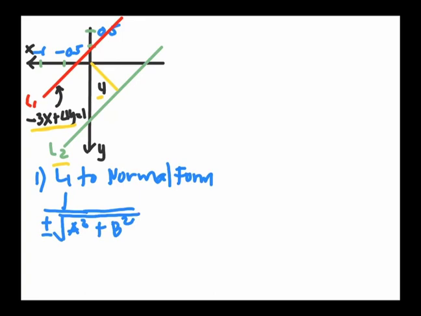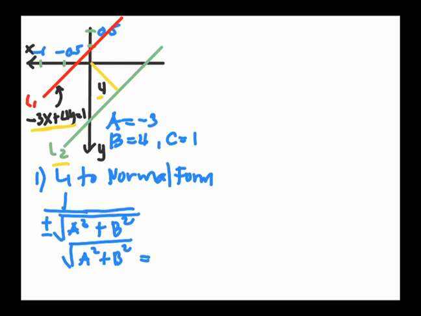Note that the algebraic sign of this radical, the denominator, of course, will be the same as that of b in the given equation. In the given equation, a is equal to negative 3, b is 4, and c is equal to 1. So clearly, b is positive. So therefore, we should adopt the positive root of this radical a squared plus b squared.